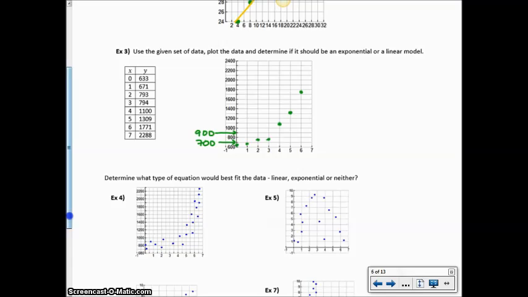And then 2,288, which is almost, oops, that's a little too high. There we go. Okay, so now that we look at our data that's graphed, what shape does it look like it made? It looks like it's got that curve in there still. So I would say that it's exponential.